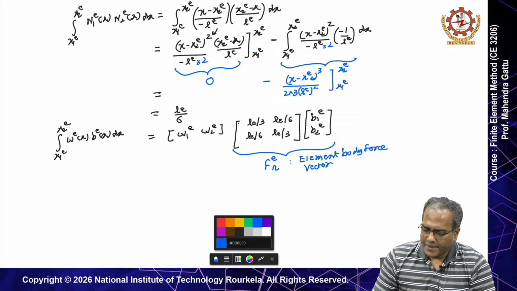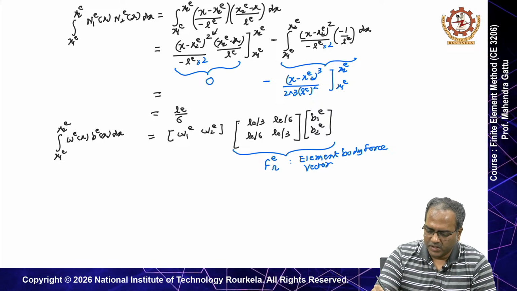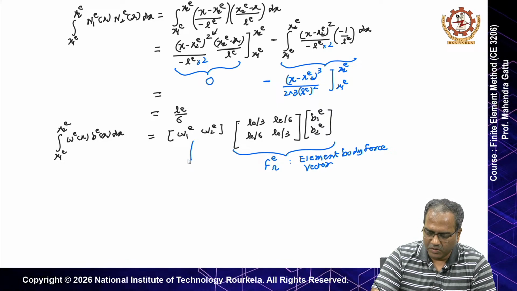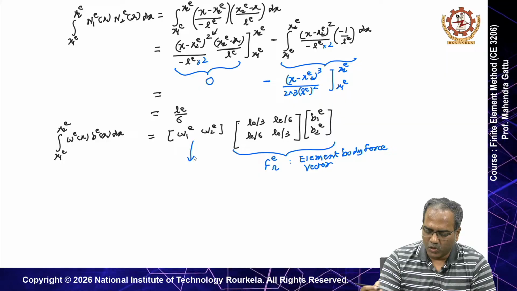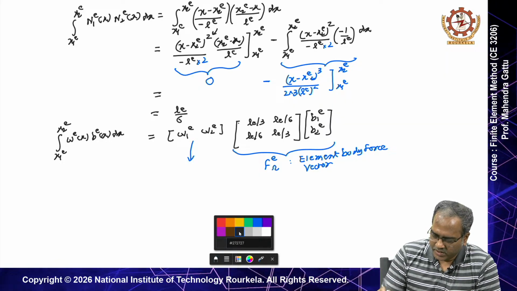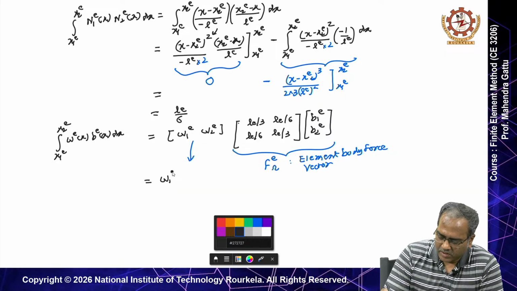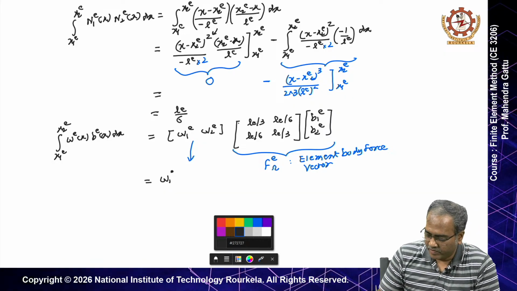Okay. Now, we can do one more transformation. What we will do is, this vector we will convert into the global weights. So, what we will get is, we will write it in terms of global weights. So, yeah, we might do it later.